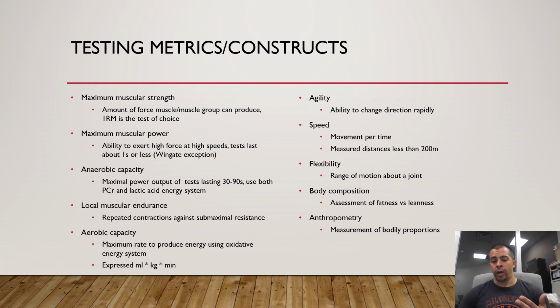You could do the Bod Pod, you could do a DEXA. The cheaper alternatives might be skinfold calipers, which I use often at my gym. Or you could do one of the cheaper bioelectrical impedance analysis tests. And anthropometry is the measurement of bodily proportions, so simply assessing limb length, things like that.